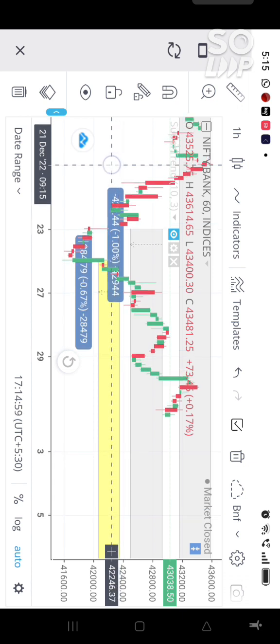But most probably prices will come down till half the level, 42,250 or something like that.